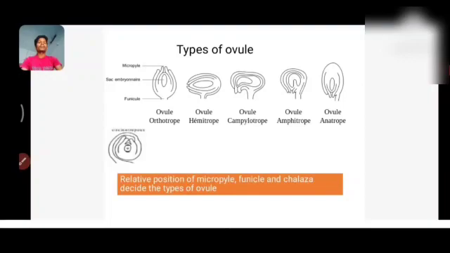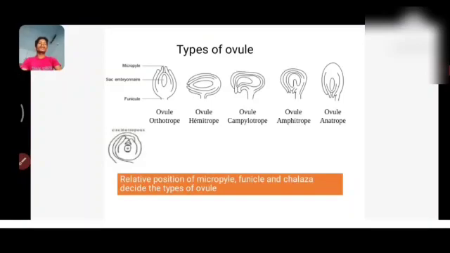This is the distinction of the amphitropous ovule from the anatropous ovule. This type of ovule we can find in Boraginaceae families.